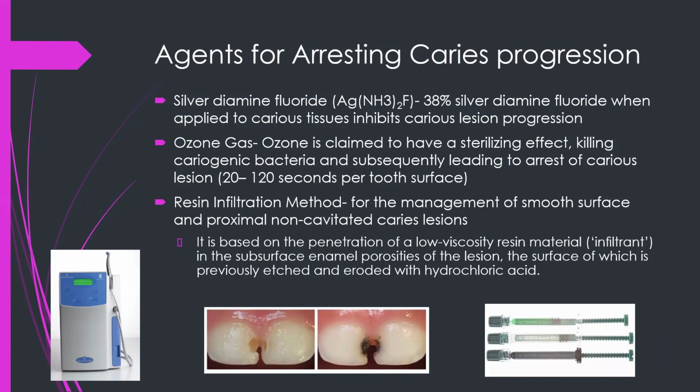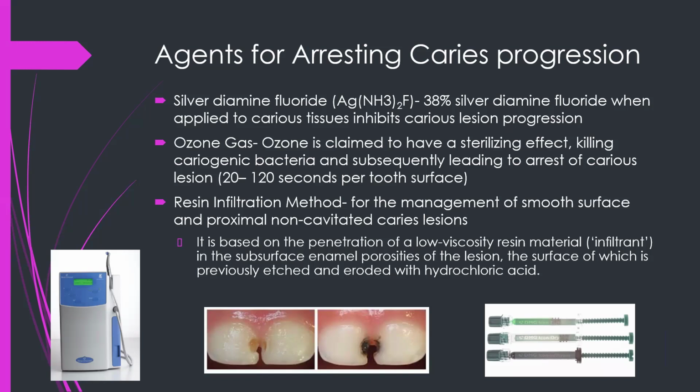There is a method which is becoming popular now, which is resin infiltration method. This can be used both in smooth surface caries and proximal non-cavitated lesions. So this is used when there is incipient demineralization or white spot lesions.